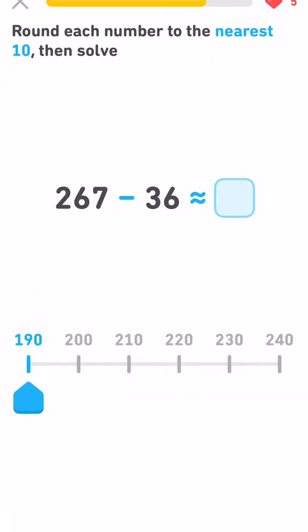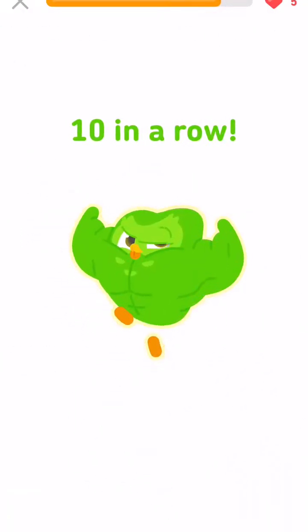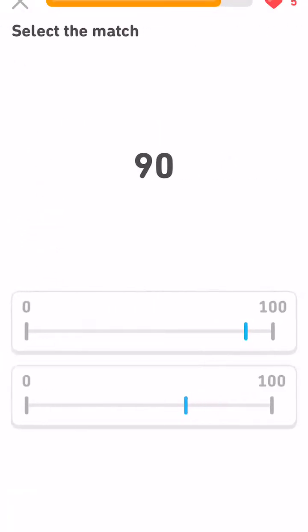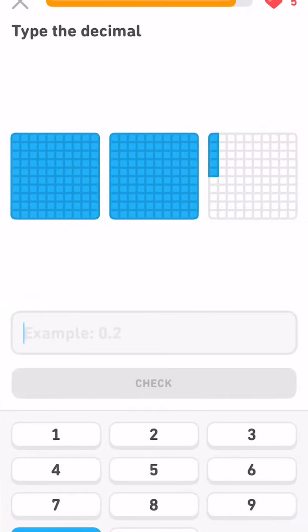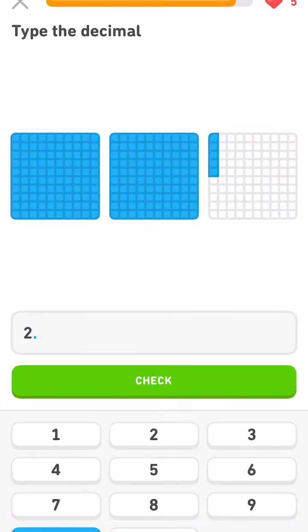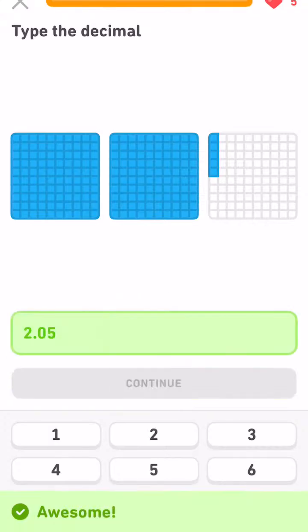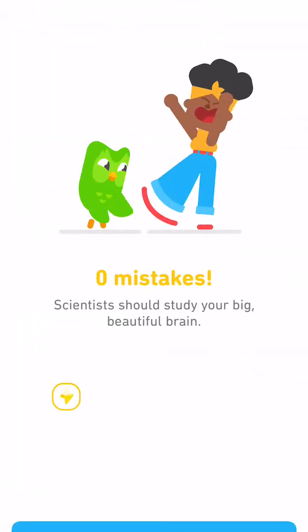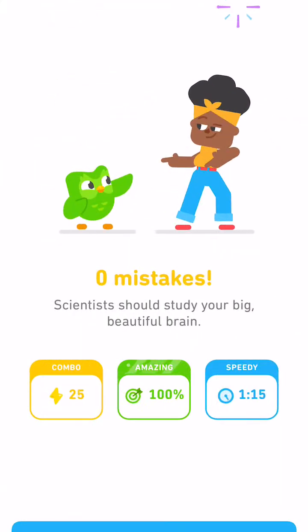All right, we have 270 minus 40, which would be 230. All right, we got 10 in a row. 90 would be right here. And this would be 2.05. All right, and there you have it, a perfect score in mathematics.